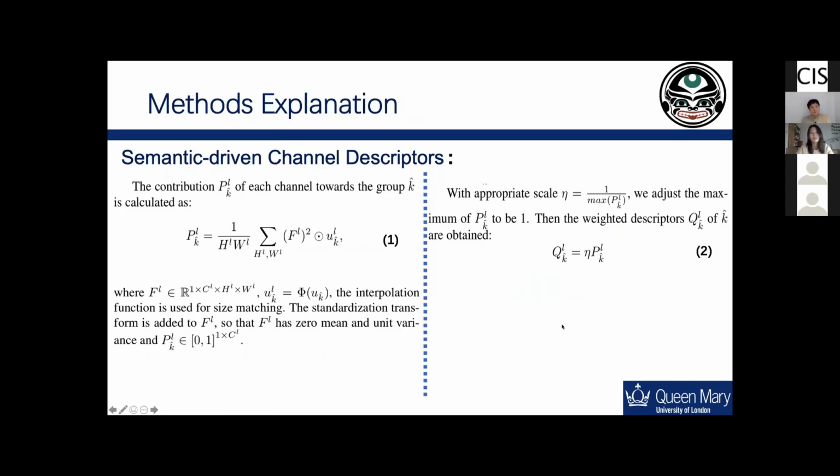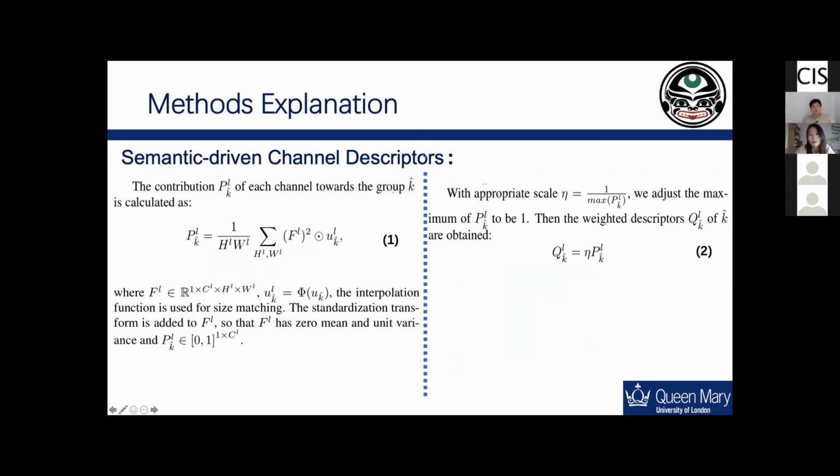Here we generate semantic-driven channel descriptors first. Here U_k is a one-hot mask generated by the segmentation network for object k, which we call a group. The concept of these channel descriptors is usually introduced in the image editing and image generation fields.